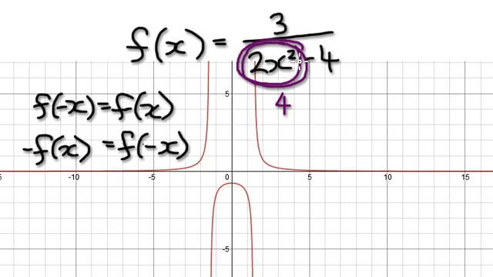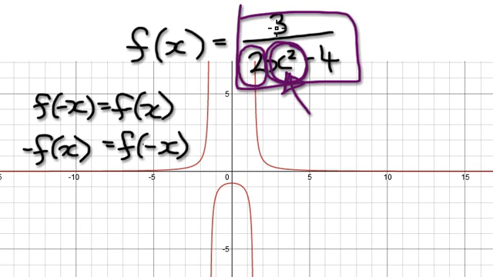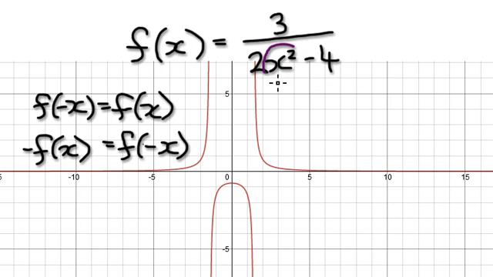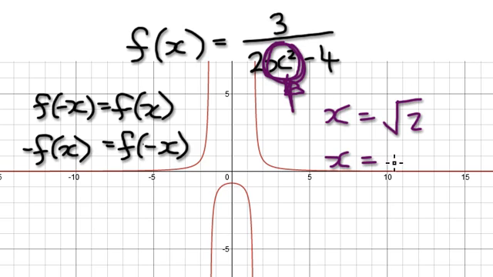So when is this thing positive 4? When x squared is 4, that is, when x is root 2 or minus root 2, the whole function breaks down.